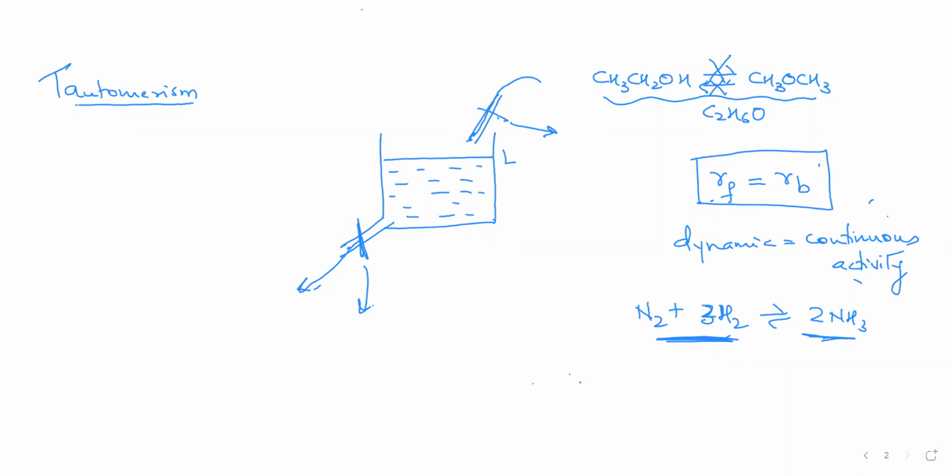And if the level of water is not changing, I say the process is in dynamic equilibrium. The process is occurring. Water is coming in, water is leaving the tank. But since the rate of water coming in and the rate of water leaving out is the same, the level of water will not change. So this you can say is dynamic equilibrium.